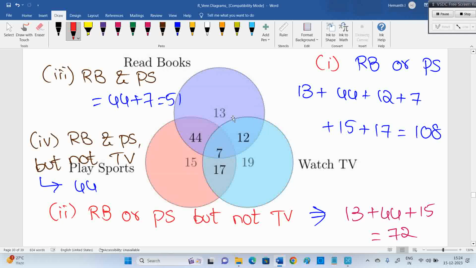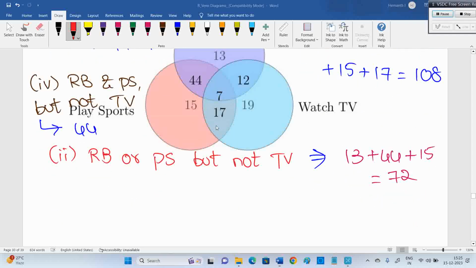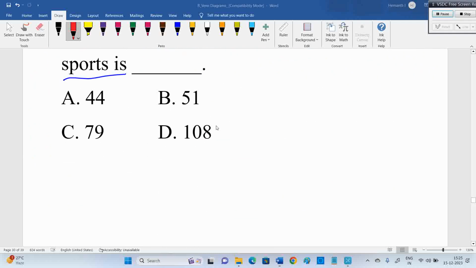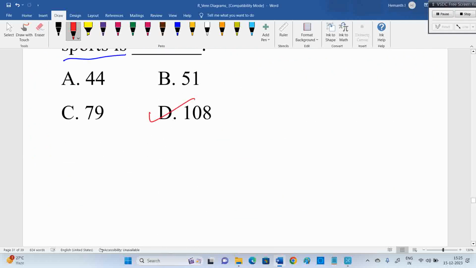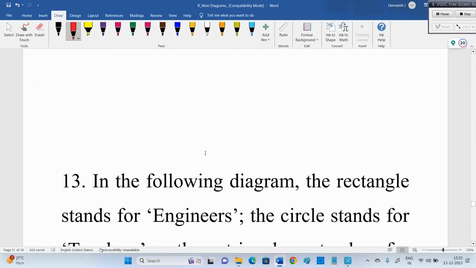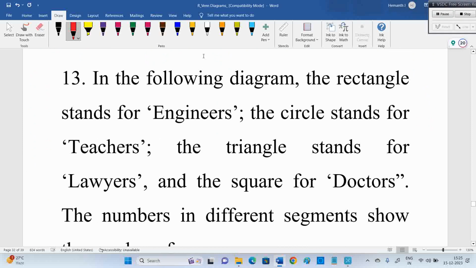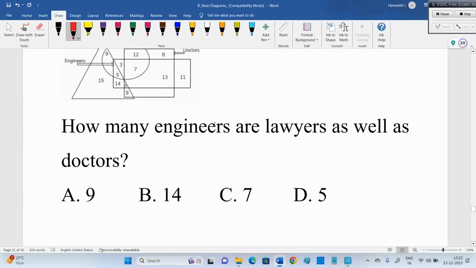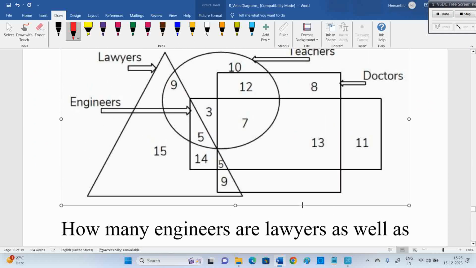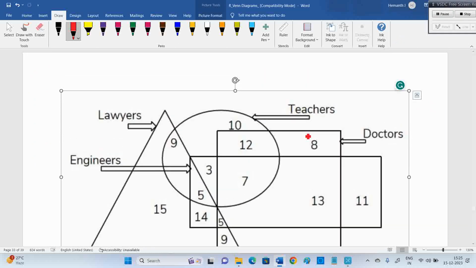See the next one. See this next question. This is given in TCS company. For your seniors, question given in TCS.